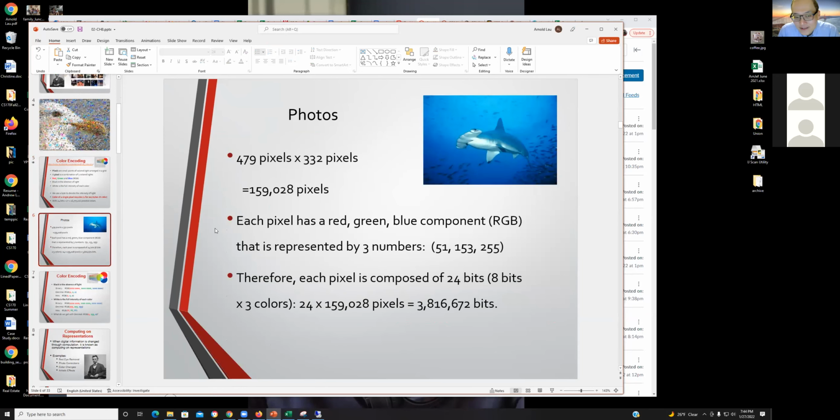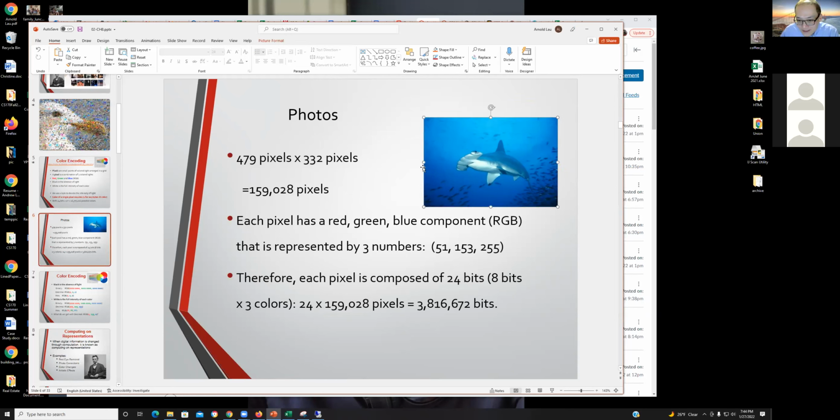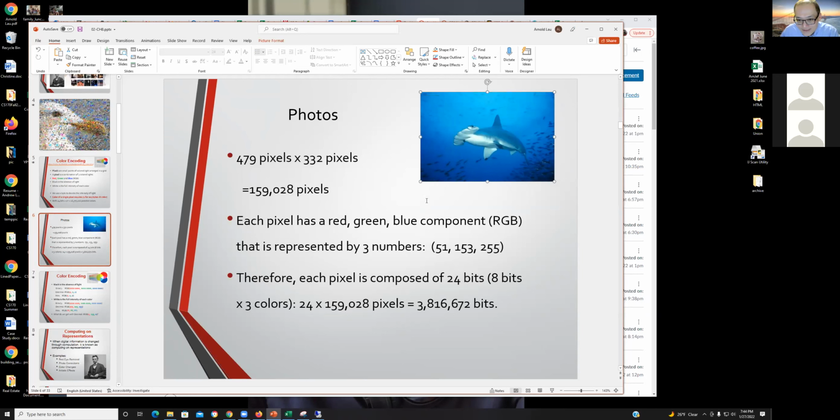So one common thing you might ask is, how much space does a picture take up, like a photo in this case? There's a picture that looks like a hammerhead shark or something. You look at this like when you're doing geometry: what's the length and width of this picture?